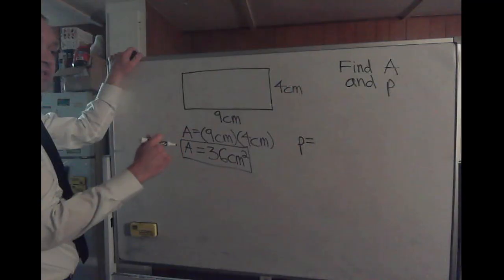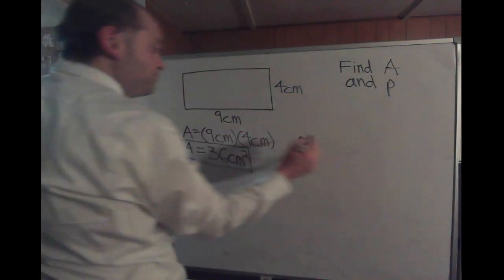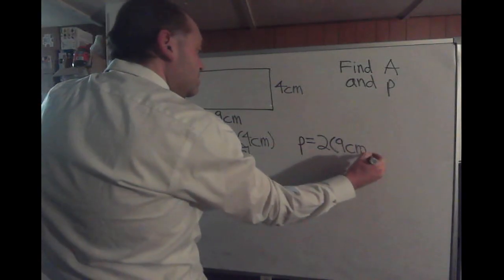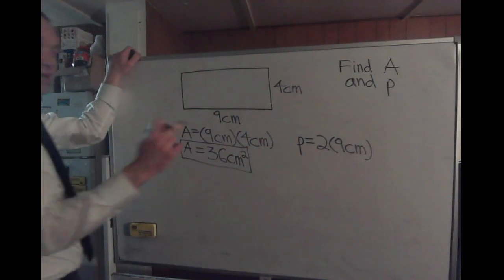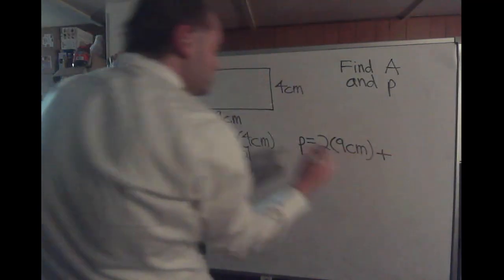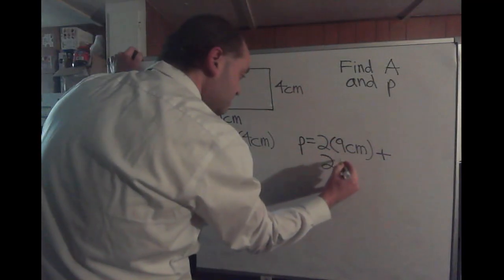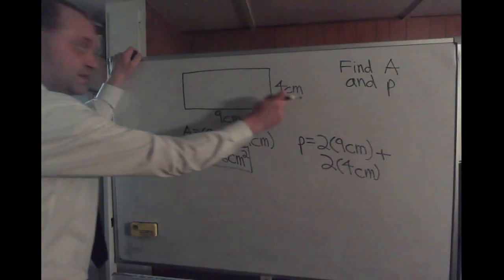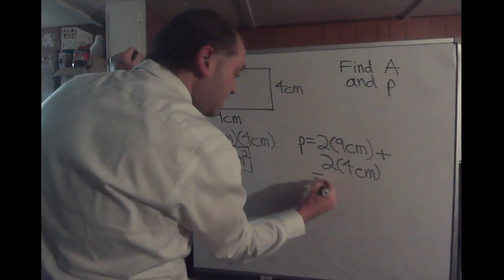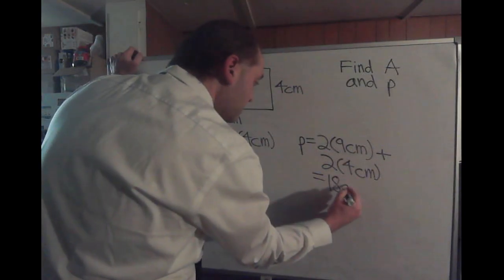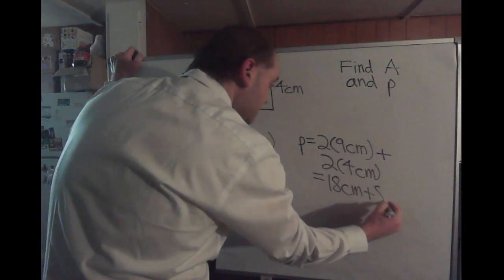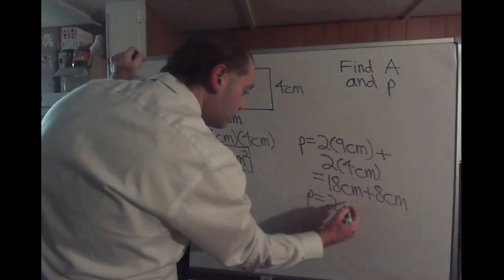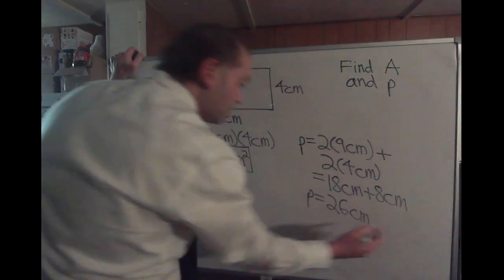Both pairs of opposite sides are congruent to each other. So you could take 2 times 9 centimeters, because this side and this side are both 9 centimeters, plus 2 times 4 centimeters, because this side and this side are both 4 centimeters. You'll end up getting 18 centimeters plus 8 centimeters, which means the perimeter is equal to 26 centimeters.